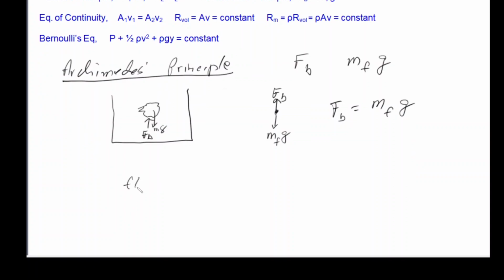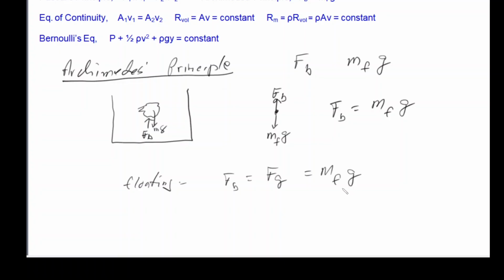Now, if a body is floating on the surface, it's in equilibrium, and the buoyancy force has to equal the force of gravity, which is equal to the mass of the fluid times g.